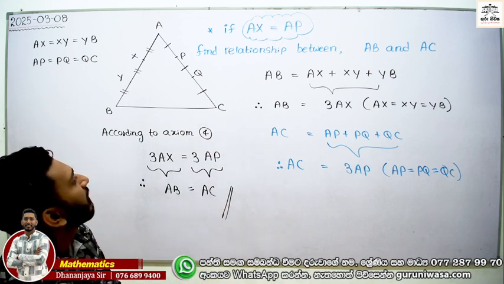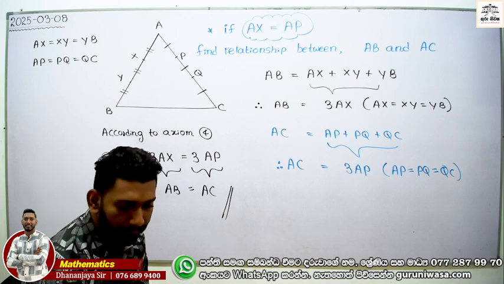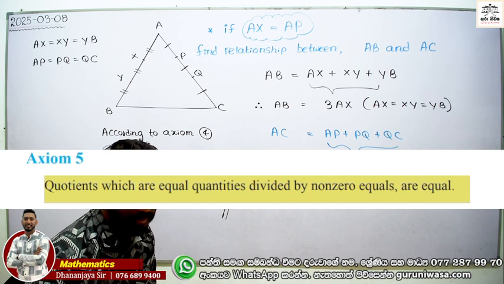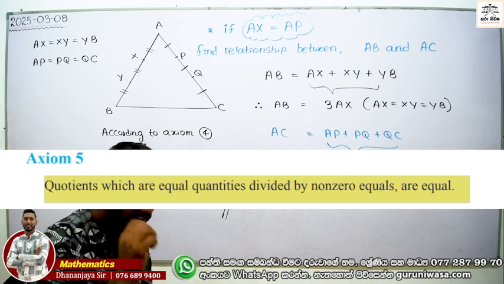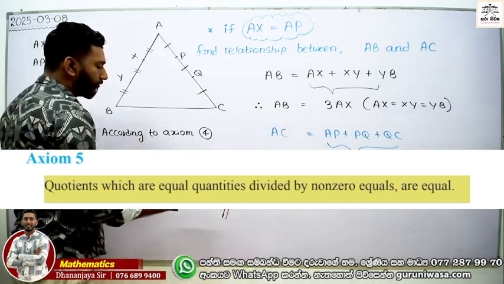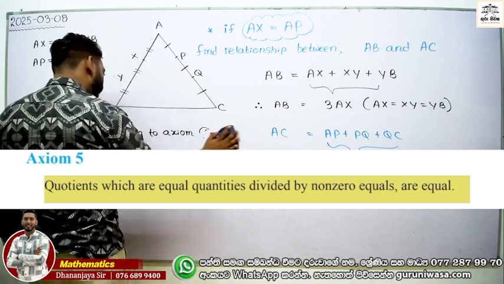Right. And this is axiom number 4. Write the topic. This is the last axiom in this lesson. Axiom number 5.